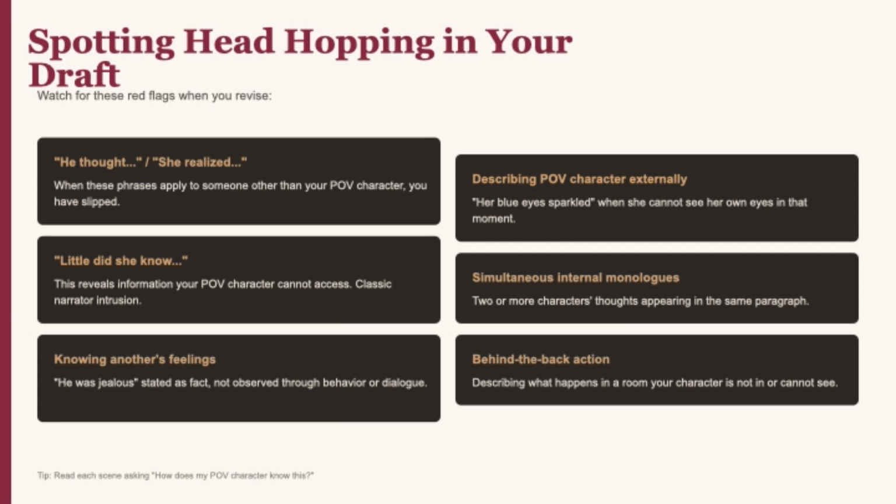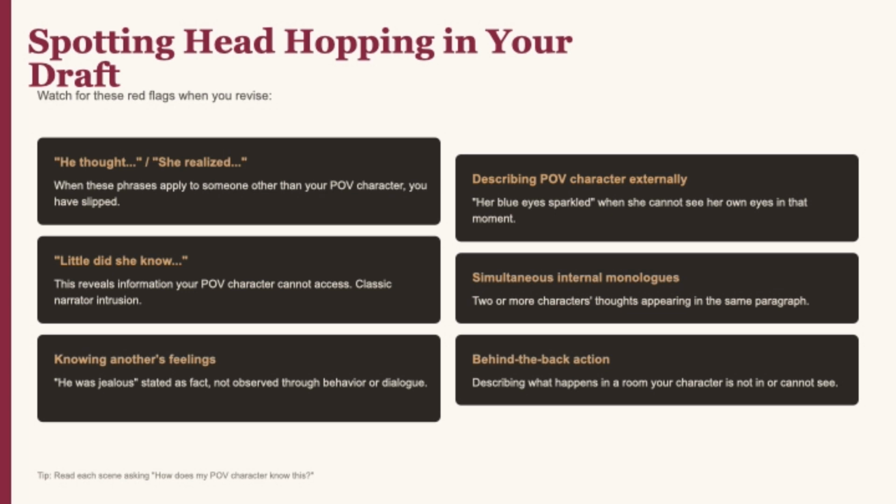And then fourth, watch how you describe your point of view for your character externally. Her blue eyes sparkled. That's a problem. If she cannot see her own eyes in that moment, how does she know they're sparkling? And then fifth, look for internal monologues.